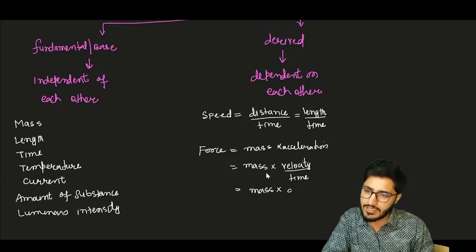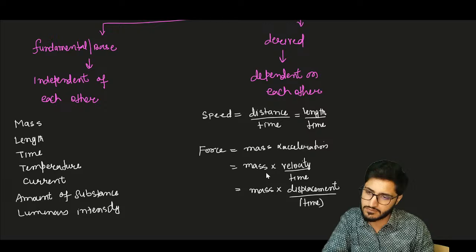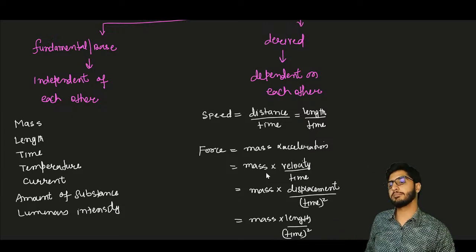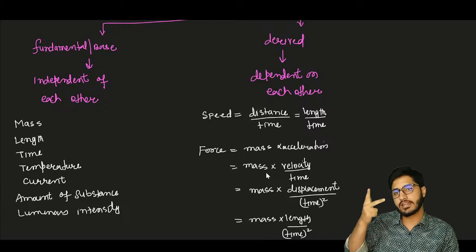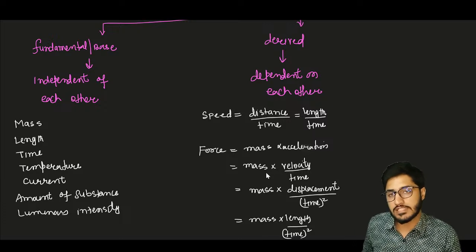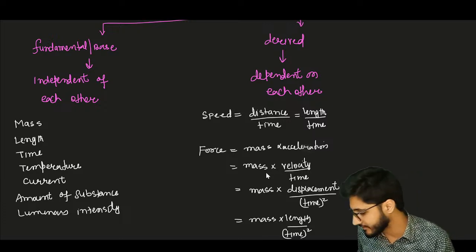Velocity is displacement by time, so that is displacement by time square. So I can write it as mass into length by time square. So to get the meaning of force, we have mass, length and time included in it. That's why force is a derived quantity.